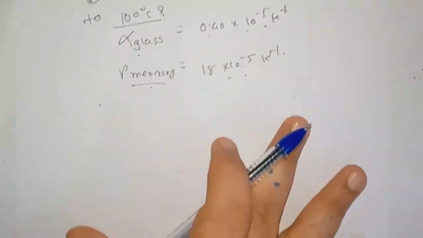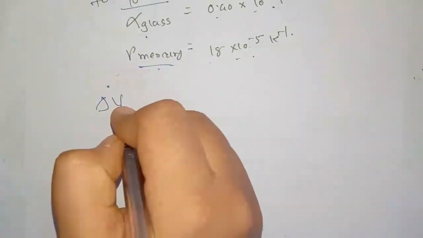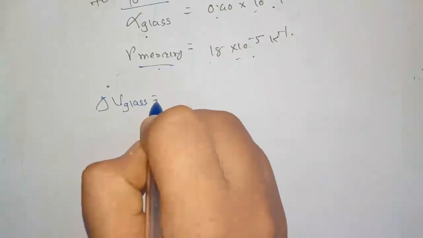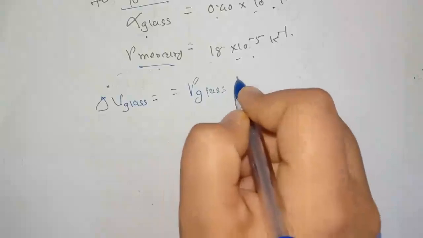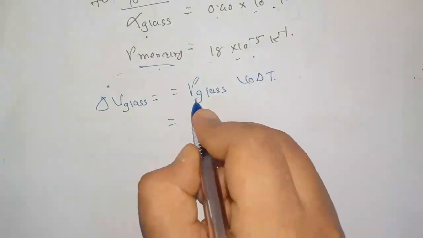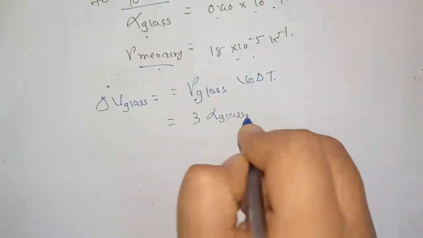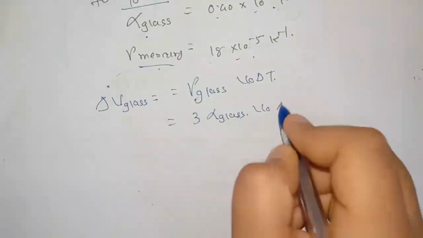Here the increase in the volume of the glass flask, that is delta V, equals gamma glass into V naught delta T. Gamma glass can be written as 3 times alpha glass into V naught into delta T.